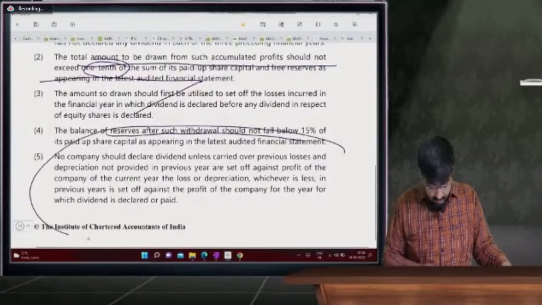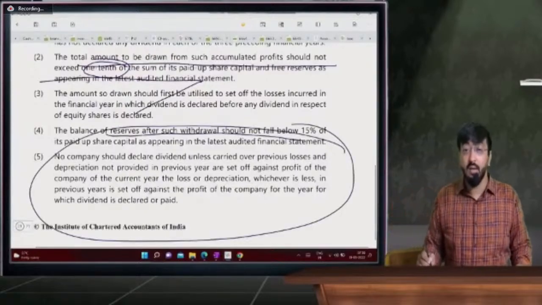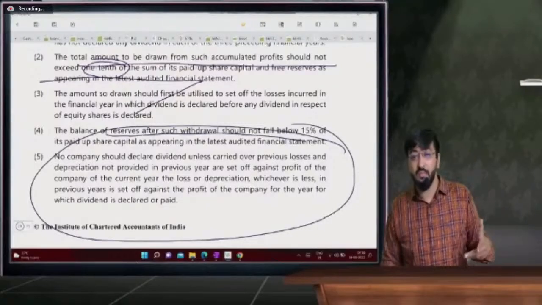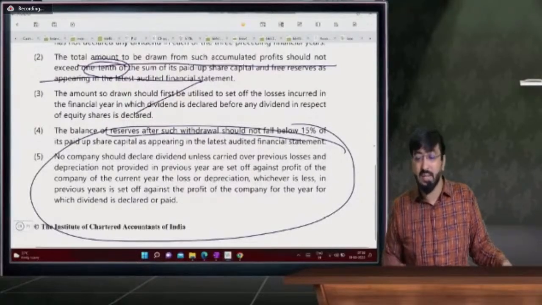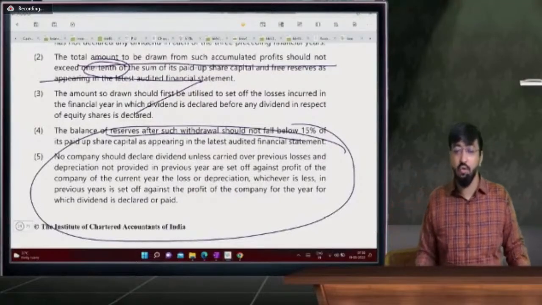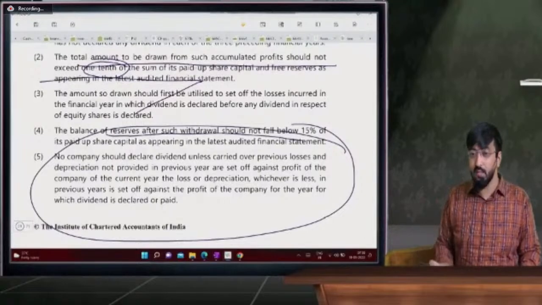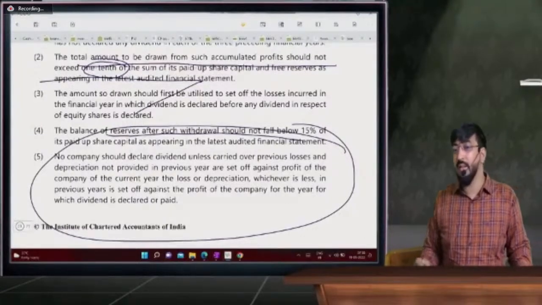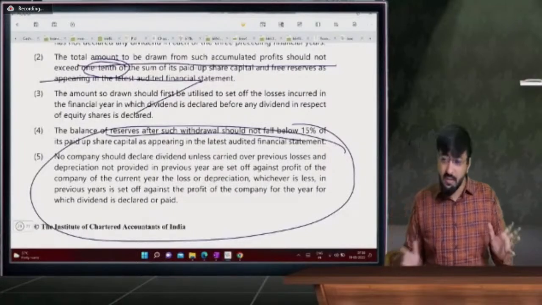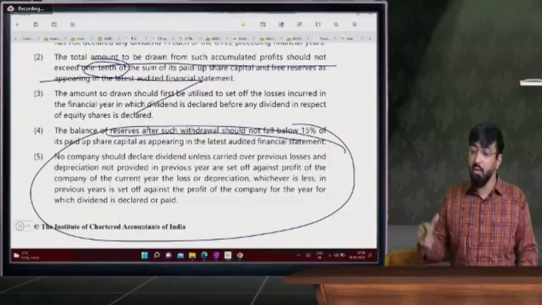But this condition you will understand in income tax. The condition that depreciation not provided in the previous year is to be set off against the profit of the current year; we do not have this condition in company accounts. What is set off and carry forward, you will understand in income tax.